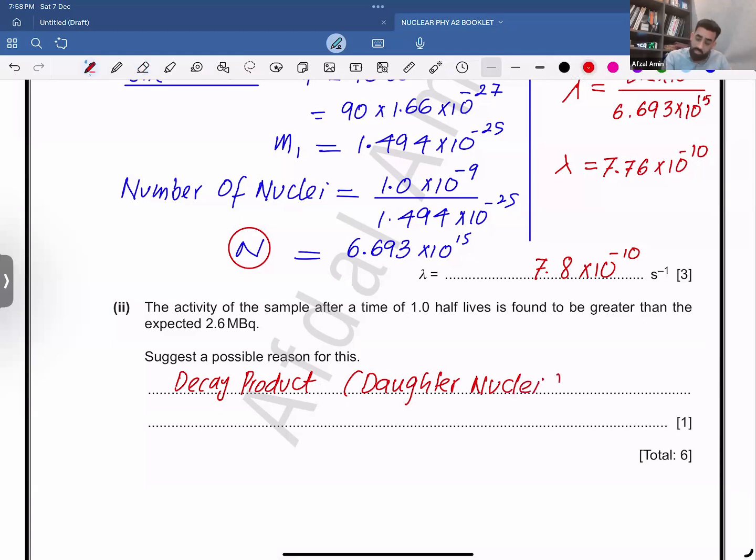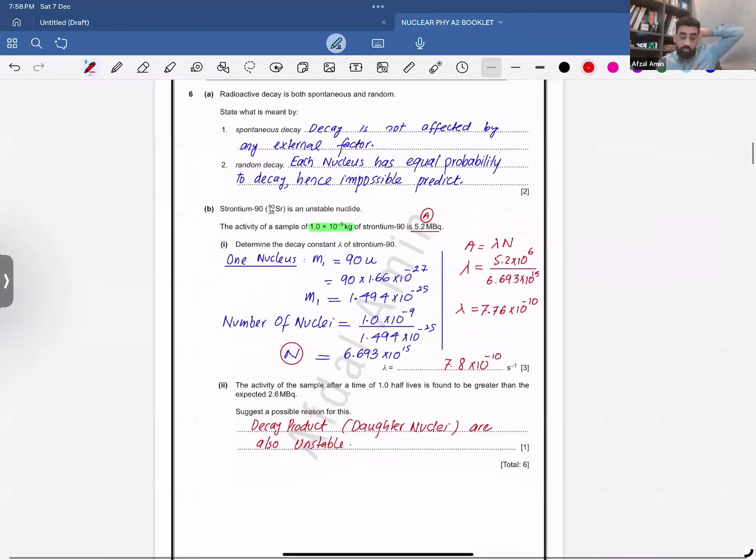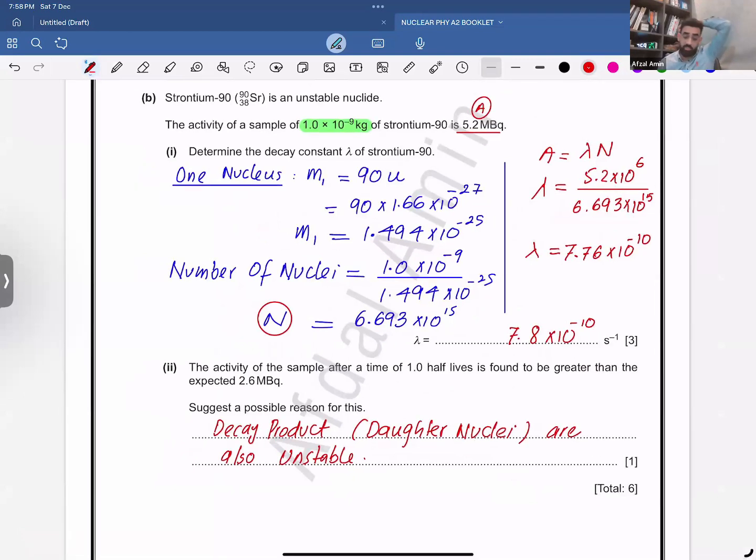Daughter nuclei are stable, or not stable, also unstable. Presence of background radiation is also one of the reasons causing it to be greater. Okay, dear students?